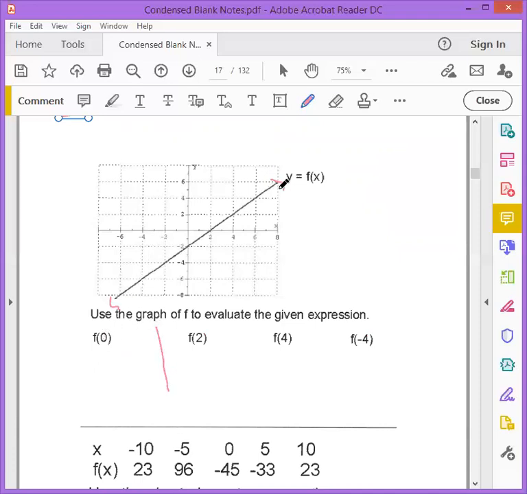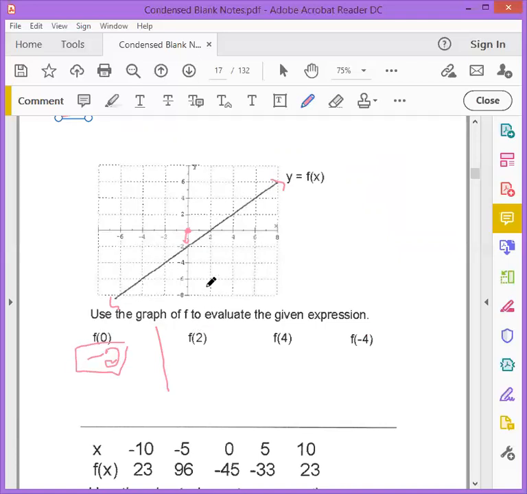Looking at our graph, when x is 0, we're right here on the y-axis. Our graph crosses the y-axis at negative 2. So the value of this function at f of 0 is going to be negative 2.